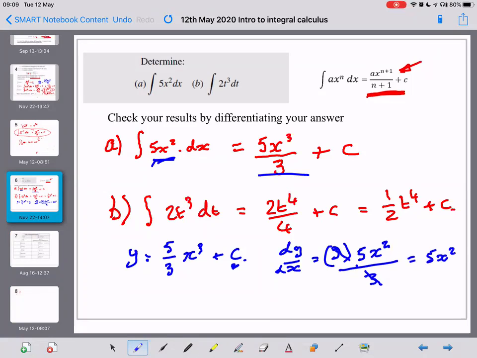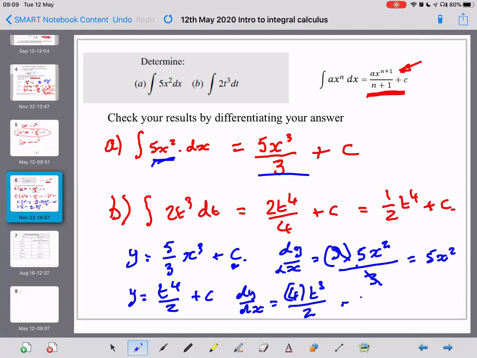And if we take y is equal to half t to the 4 plus c, again, if we differentiate, dy by dx is equal to, we bring the 4 down and multiply, take 1 off the index, divided by 2.